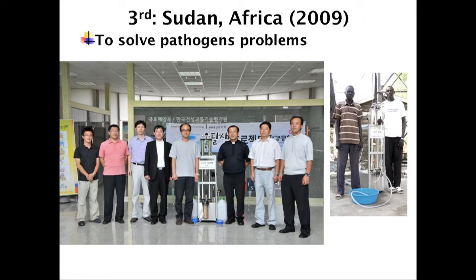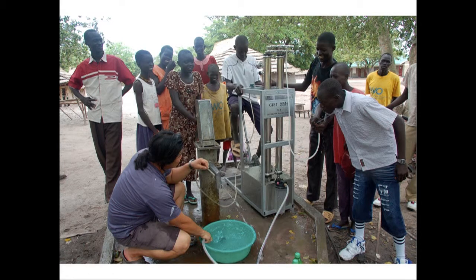Then a Catholic father called me for their site in South Sudan, where the water was contaminated with pathogens. So we designed this one. This is a picture from Sudan. They used a bicycle pedal to pump the water into the nanofiltration membrane.